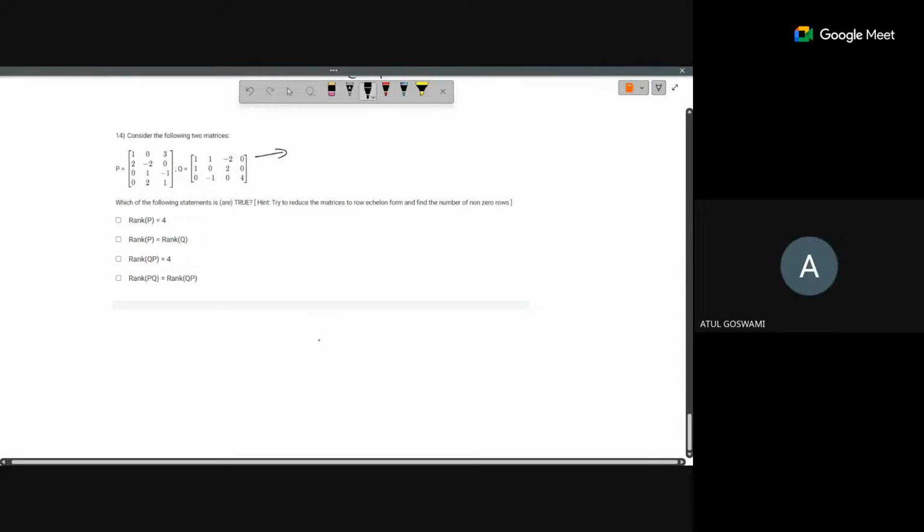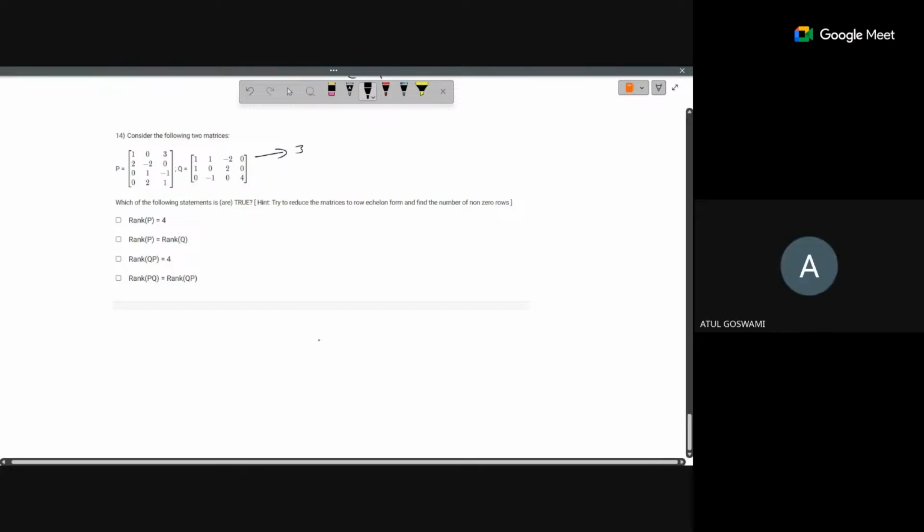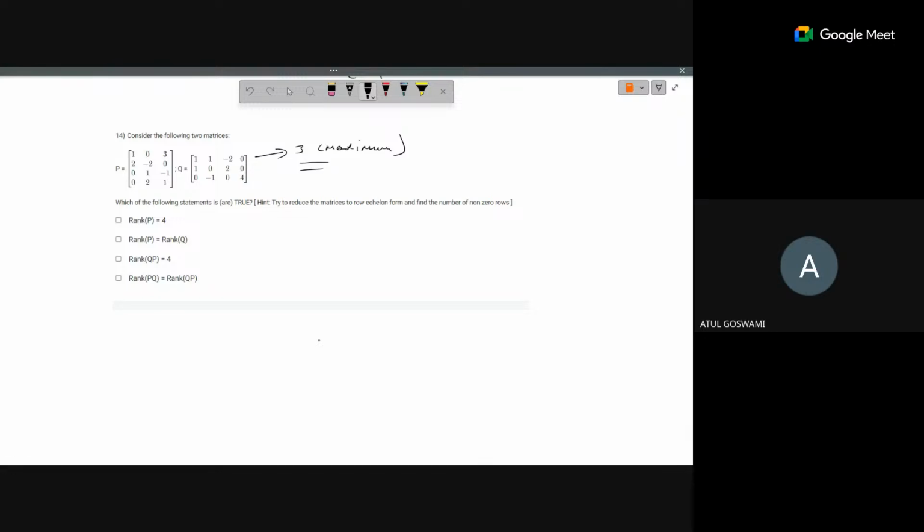Maximum rank for Q? Maximum possible rank is 3 only. Okay. That means, is the first option true? No.